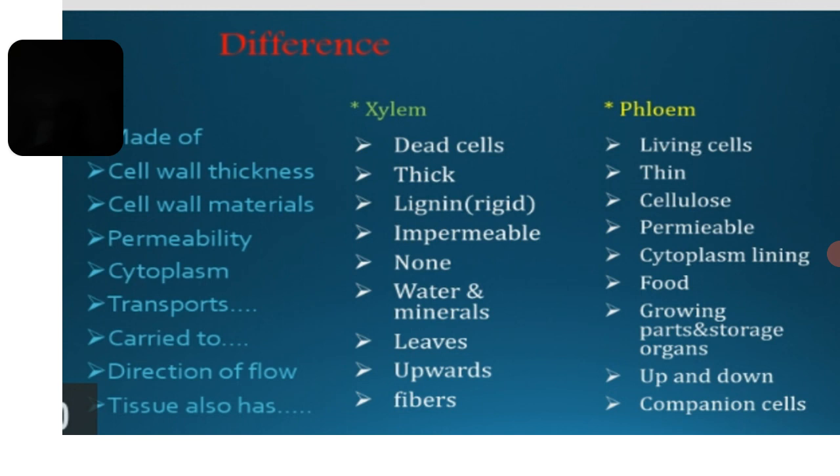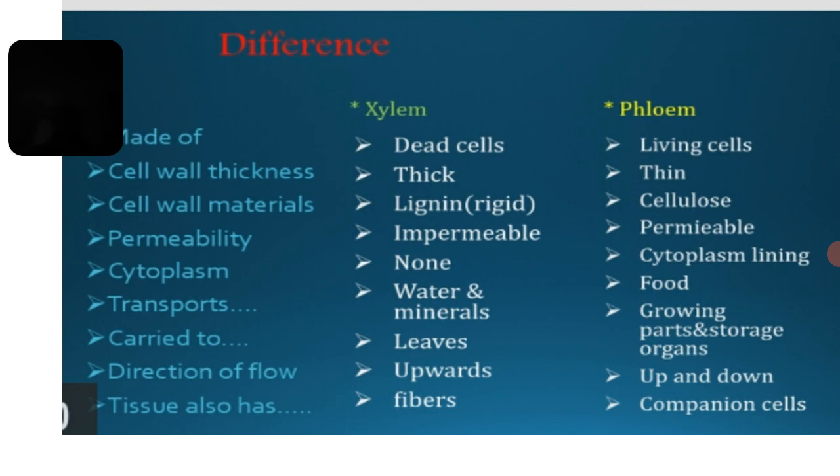Just like here, the water in plants is transported from roots to the upper part, stem to the tip of the stem, that is, to the leaves. Whereas the phloem transports food in upward as well as downward movement.